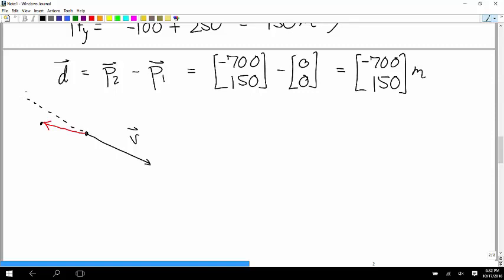This acceleration vector is not entirely parallel to the velocity, and it's not entirely perpendicular to the velocity. That means there's a parallel part and a perpendicular part. It's not just one or the other. And since there's a perpendicular part, it's going to be turning as it goes. Little by little, the direction is going to be changing. And that's why the displacement vector is not along the velocity.